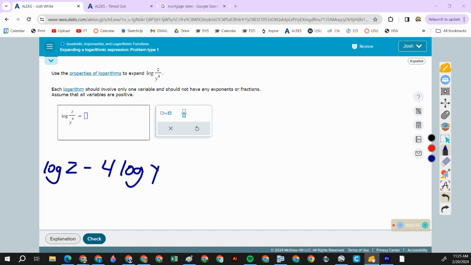Minus 4 log of y. Any questions there? That's easy. So it's minus log of y to the 4th. And then we use the power rule to drop this down.